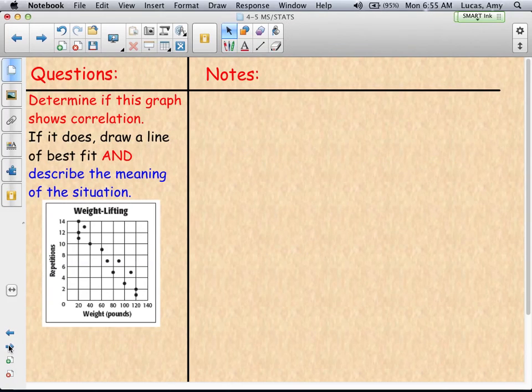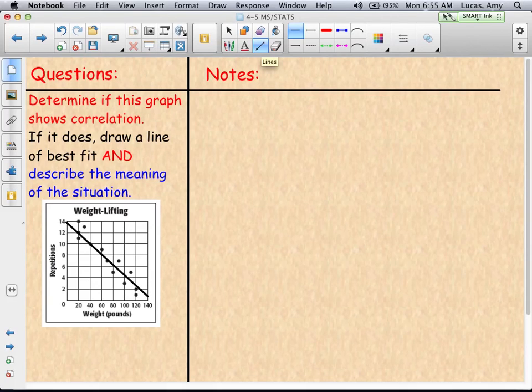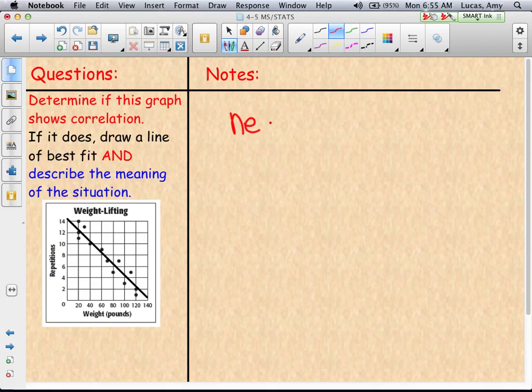Okay, another negative correlation because this one's going down. And I think I'll adjust my line a tiny bit. Okay, so this one is a negative correlation, not strong, again, because it's not really close to being linear.